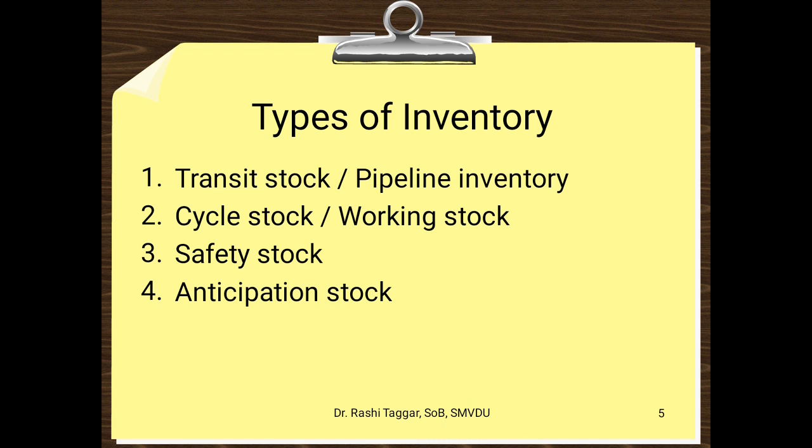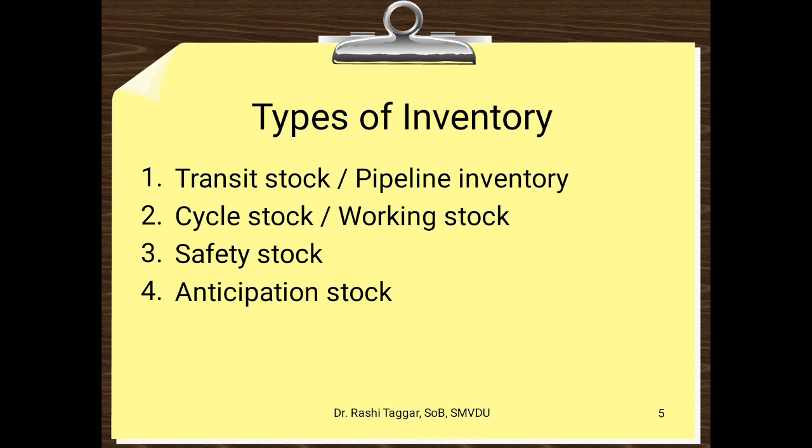It prevents stockouts and helps keep shipping costs down by achieving scale economies. So the two parameters, that stockout should not be there, and also the economies of scale should be achieved, determine how much cycle stock needs to be there.